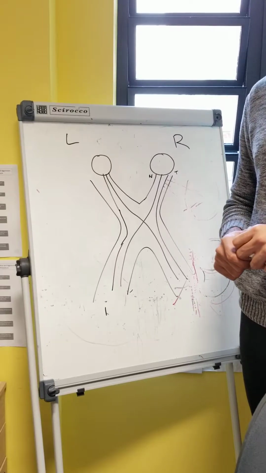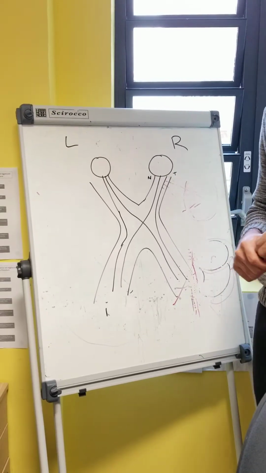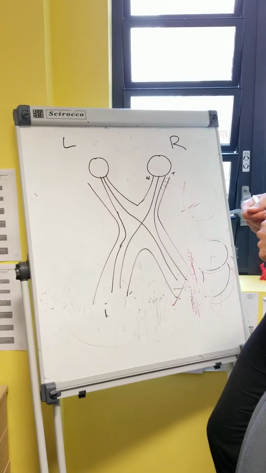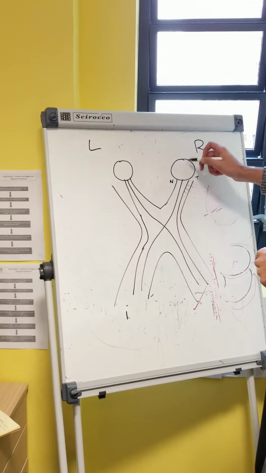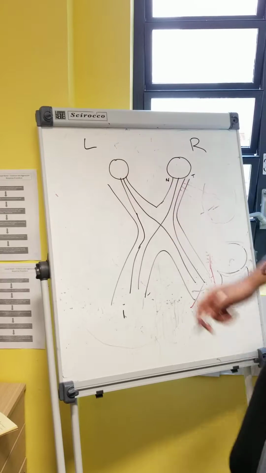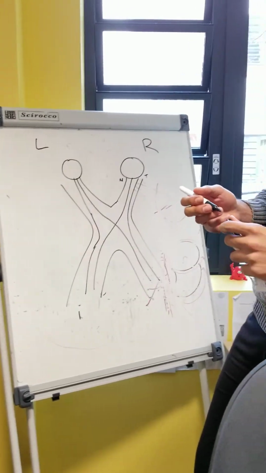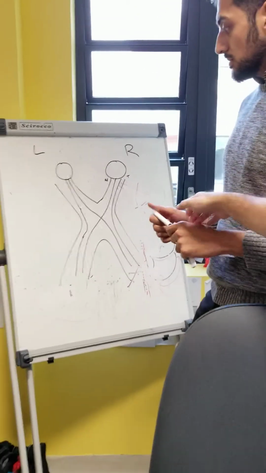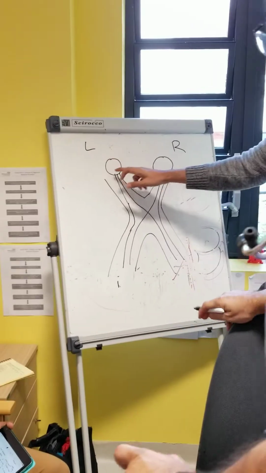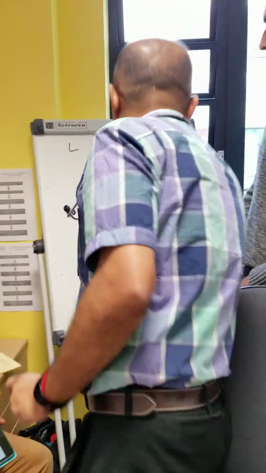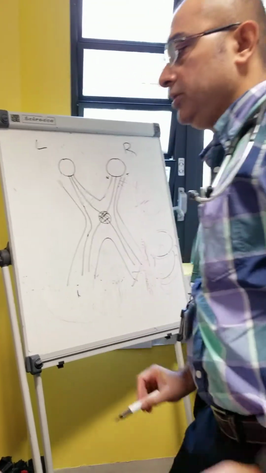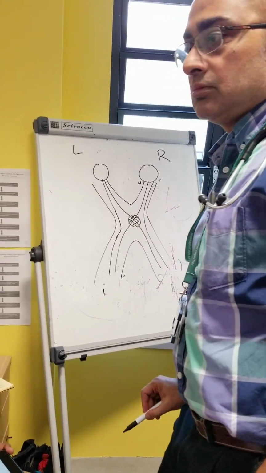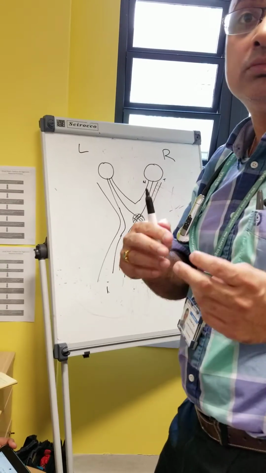So if there is an involvement of the optic chiasm, what will be the symptom of the patient? So depending on whether the lesion is medial or lateral. So if there is a pituitary tumor, for example, in the optic chiasm, which will affect this middle part, what will be the symptom of the patient?